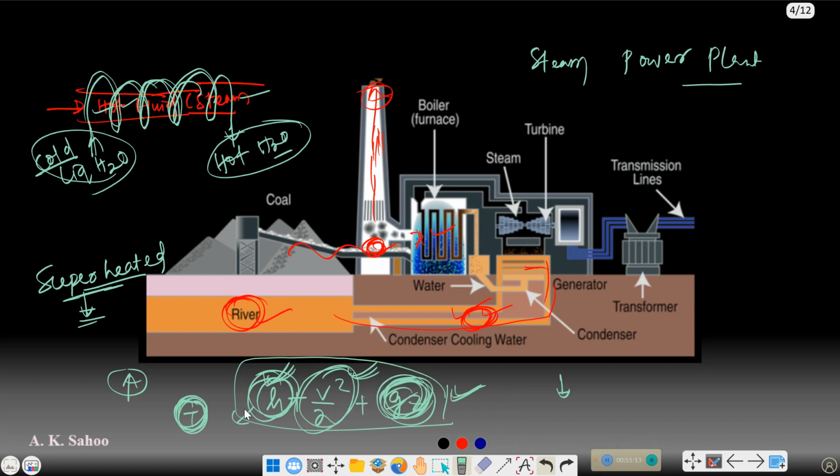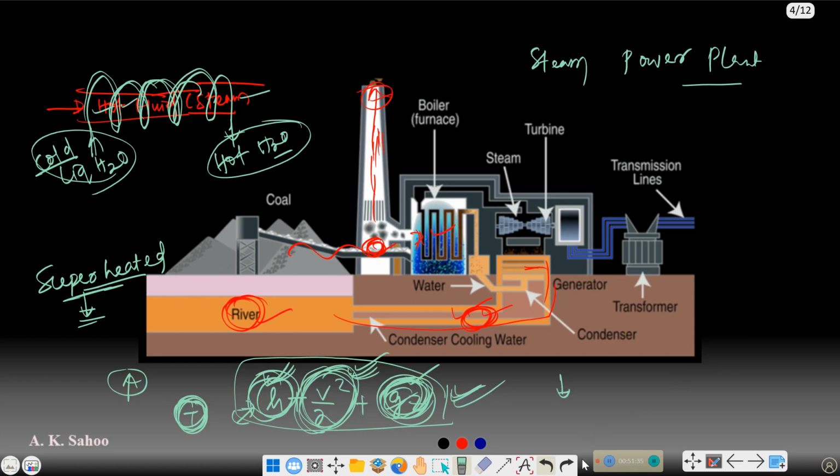Still, you can have an idea of what forms of energy our steam will have. In some cases we neglect the kinetic and potential energy changes during work production, and that is the case when we solve questions related to this. We will learn about that later.